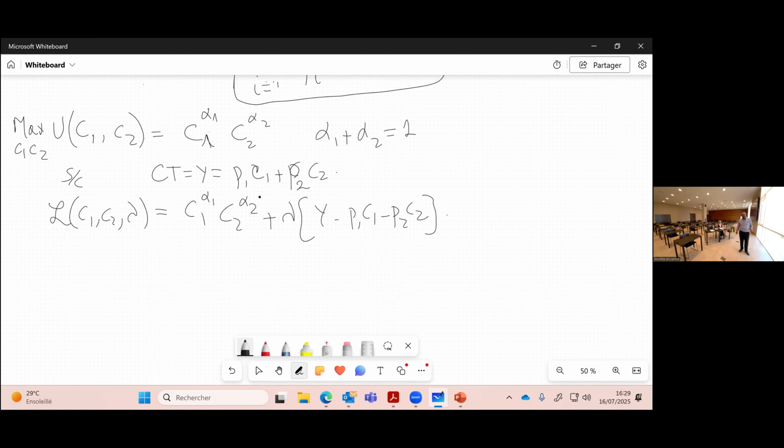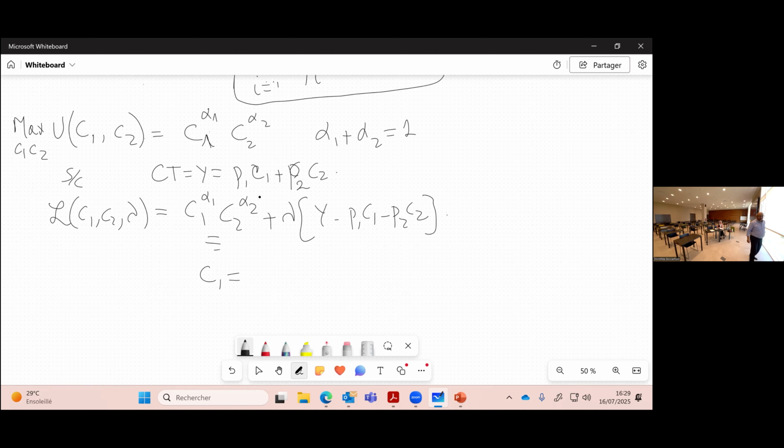To derive, you take the first order conditions of this optimization program, and for some steps I let you deduce them. If you have a question, stop me, but I think it's a very simple exercise.